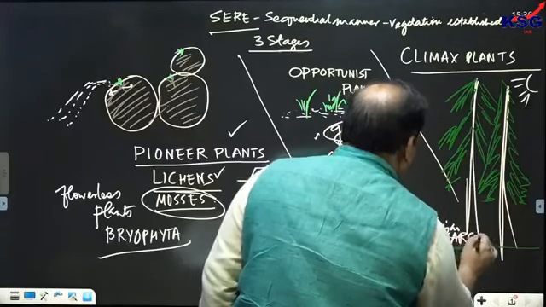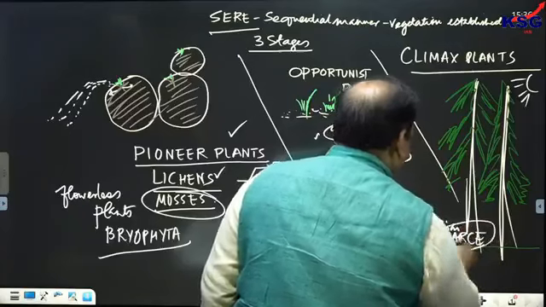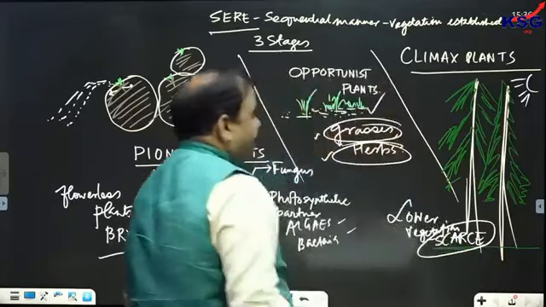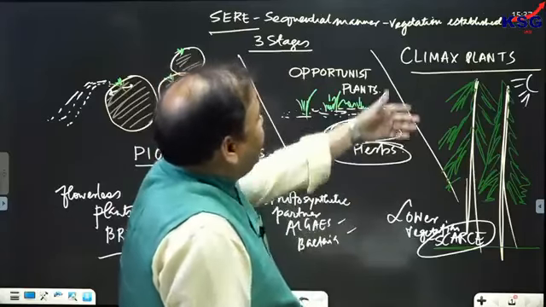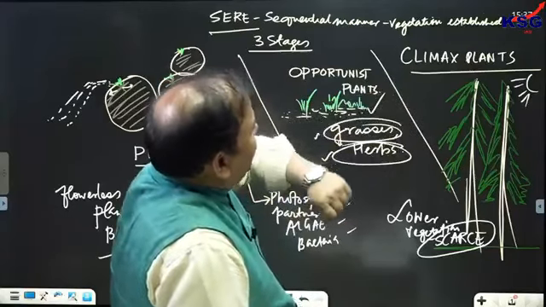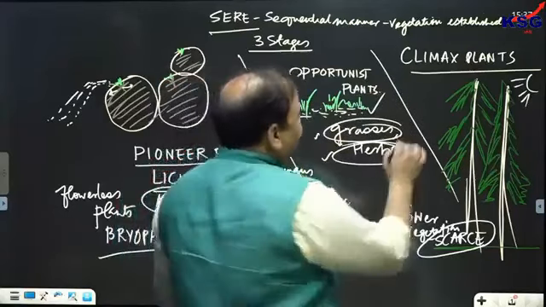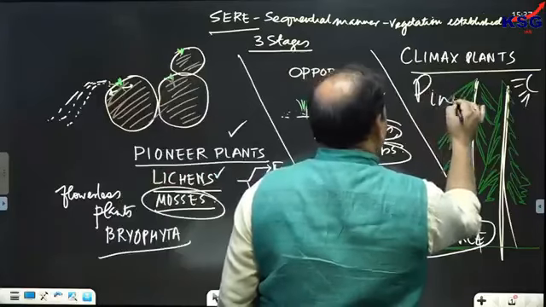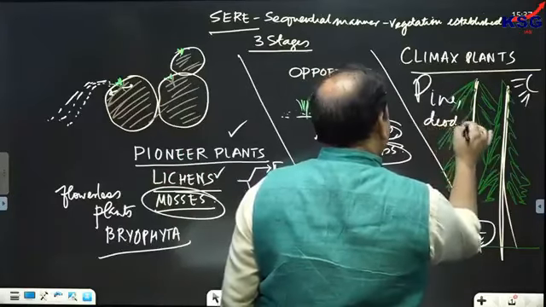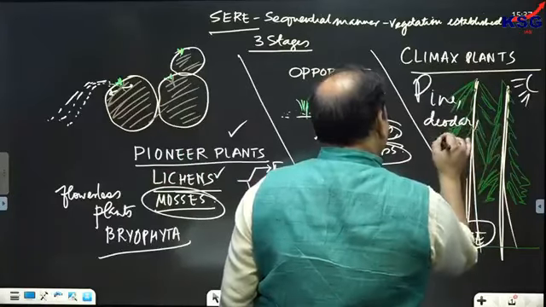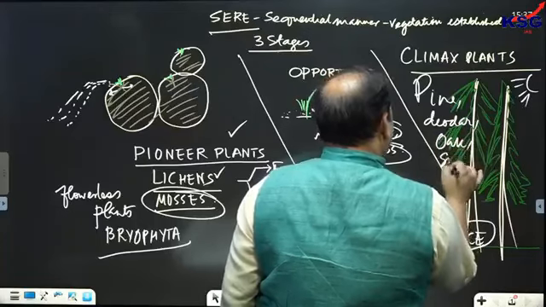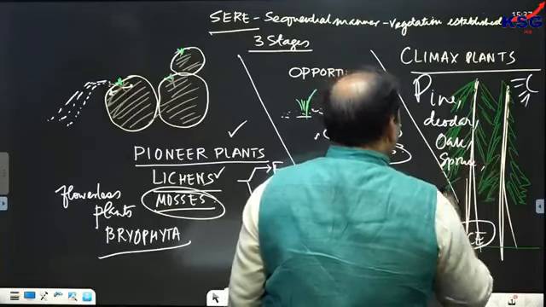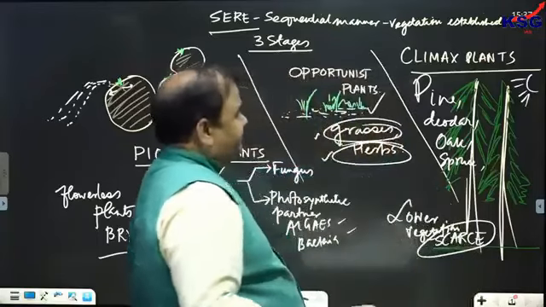As a result, the lower vegetation is very scarce. And many examples of climax plants you can give. For example, pine, devdar, oak, spruce. So all these examples can be given.